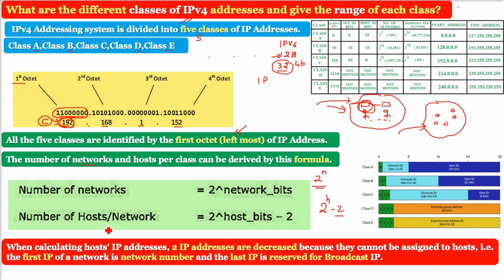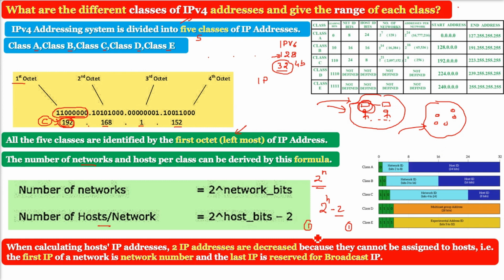So for example, for class C, 110 is fixed as the first 3 bits on the left. Please remember, when we calculate the host IP addresses, 2 IP addresses are subtracted because they cannot be assigned to hosts. The first IP of the network is the network number, that is the network you belong to, and the last IP is the broadcast IP, that is if you send a message or packet, it will go to everyone in the network.